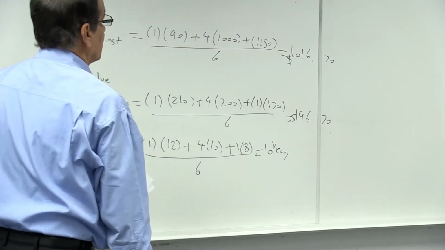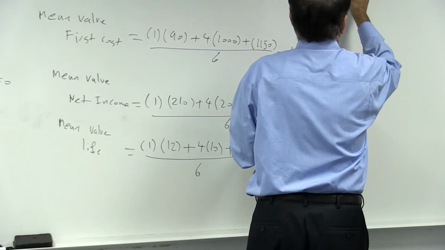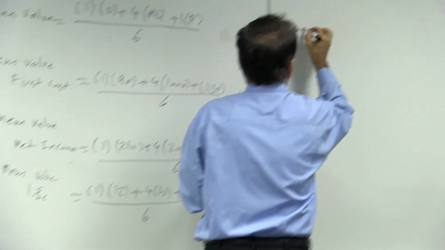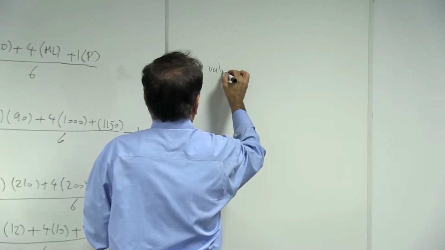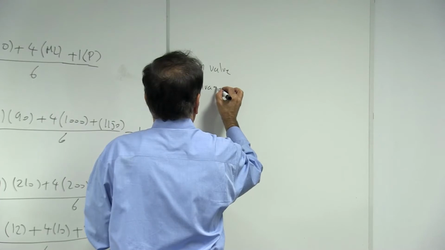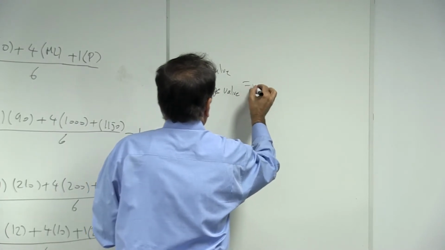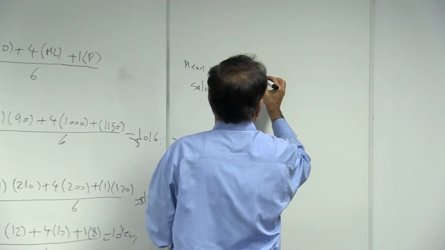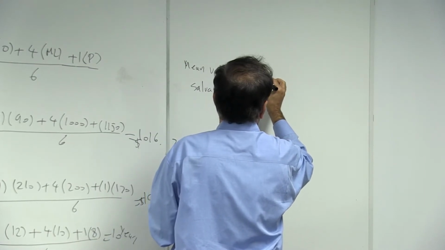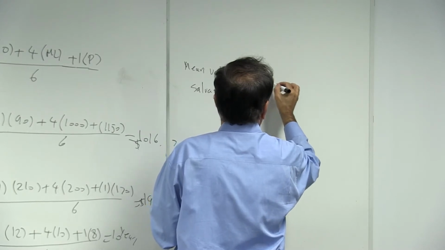And the last thing we're going to do is the salvage value. So this is the mean value for the salvage value. Actually the only optimistic value was 100, so 1 times 100.